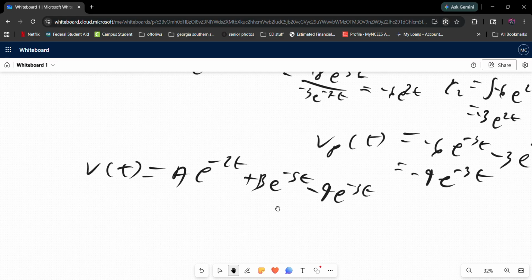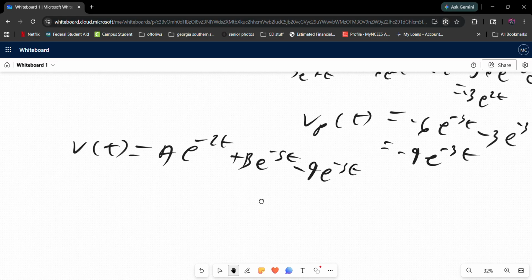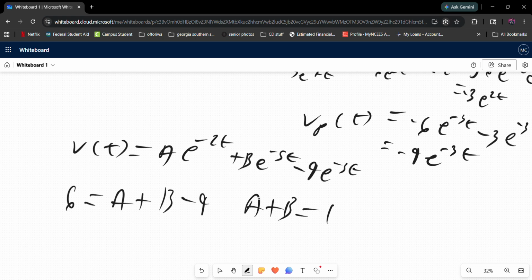All right, so now to solve for these undetermined coefficients, we just use the initial conditions. So we know v of 0 is 6. So 6 is going to be a plus b minus 9. So a plus b equals 15.